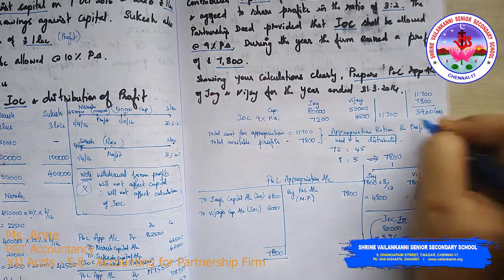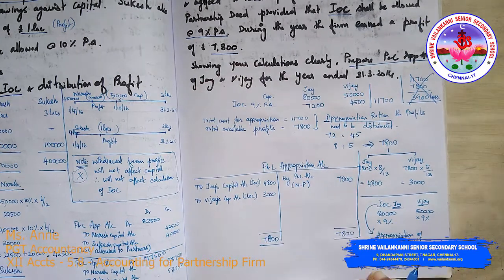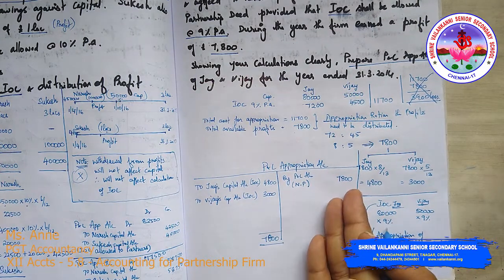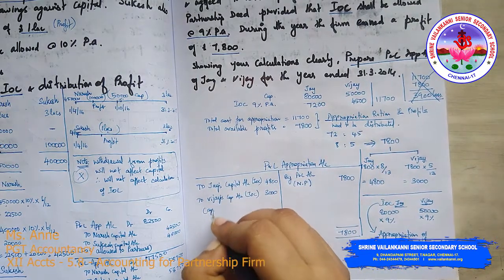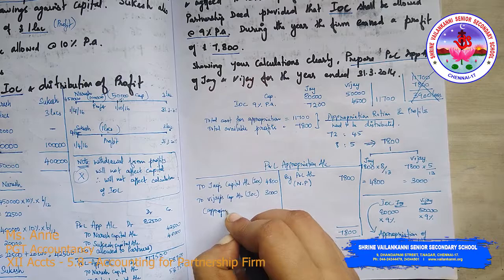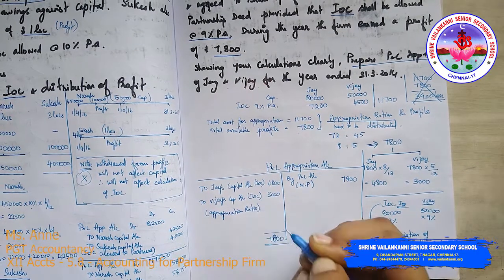But in this case it is not like this, because it is an appropriation of profit. Whatever is the profit, from that you need to segregate this, in the appropriation ratio.